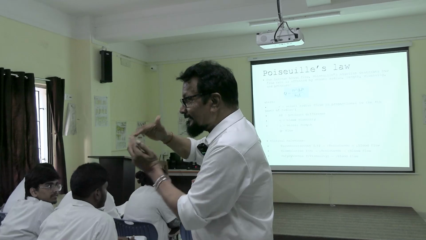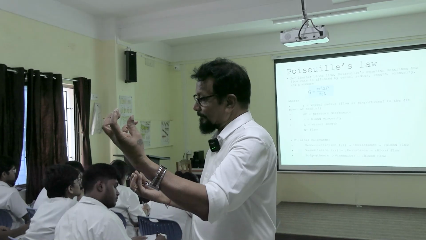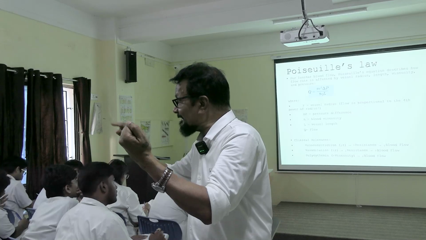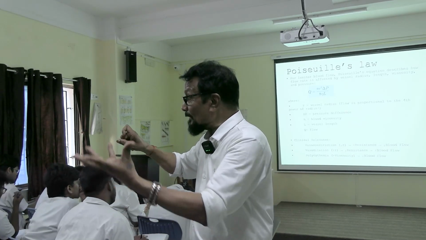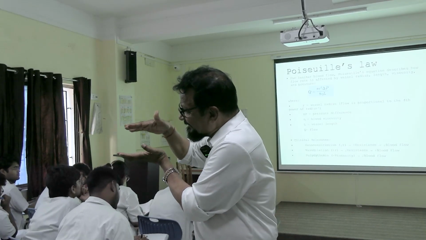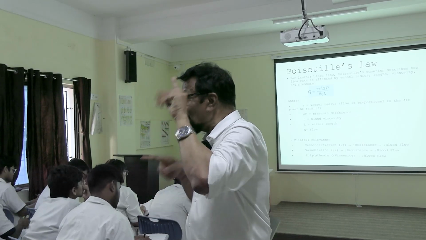The less the radius, the less will be the flow. And power 4 means a minor change of this can cause a much larger change in flow. Only a little change in radius can change the flow a lot. So the nervous system will make certain increases or decreases, and it will affect the flow of blood.